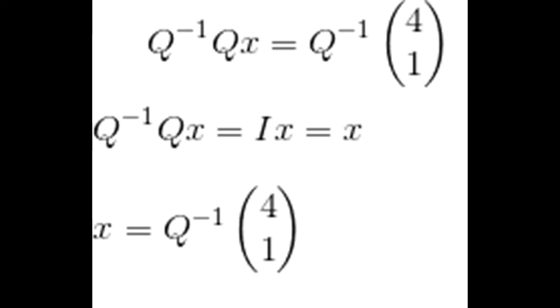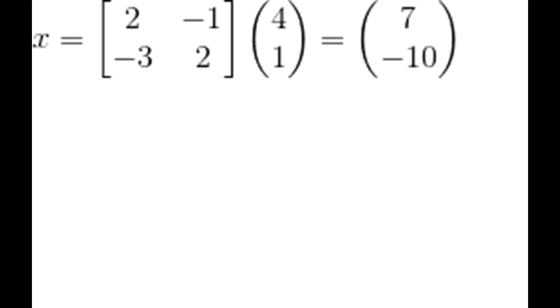In order to find that, we multiply by Q inverse. So, as you can see, once we do the algebra, this gives us the equation x equals Q inverse times 4, 1. And carrying out that computation, we get the vector 7, -10. Here's what that looks like geometrically.